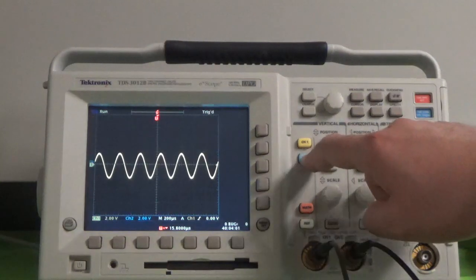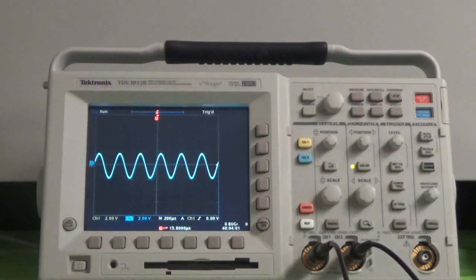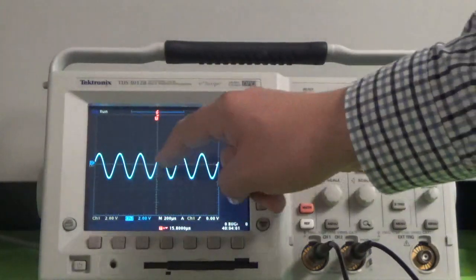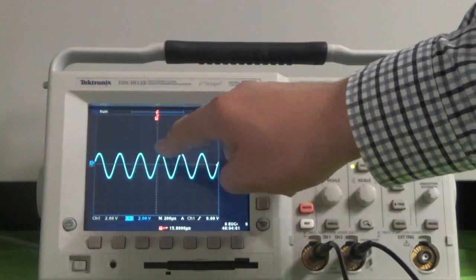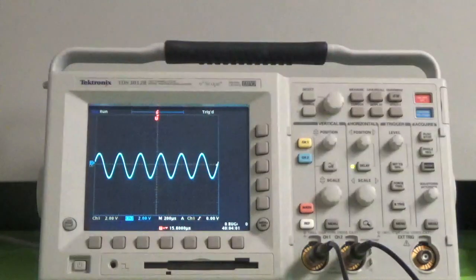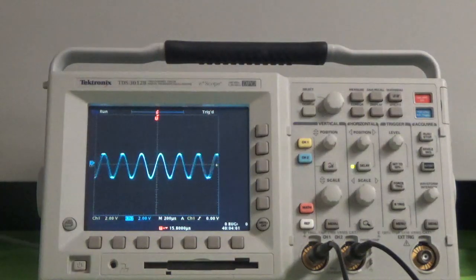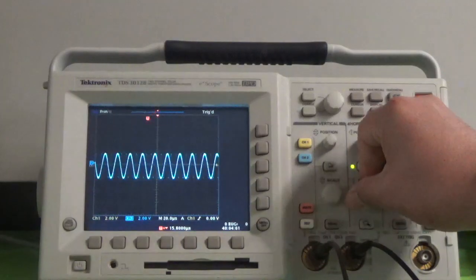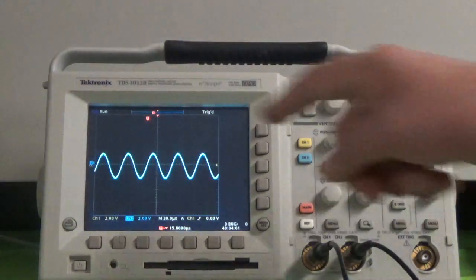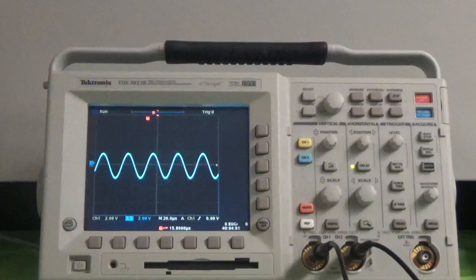So now I will have the blue one here, to see if there is any increase in the yellow signal. So I will increase the frequency. While I'm increasing the frequency, I need to change the time scale so we can have this nice sine wave.